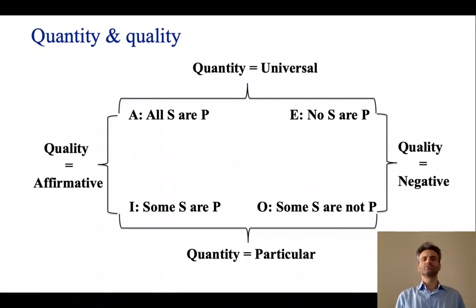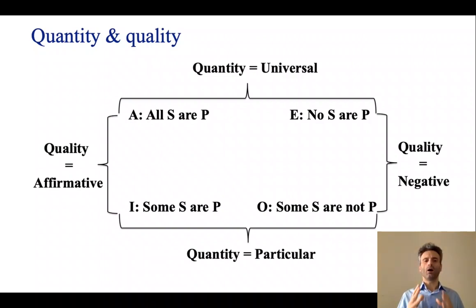Now, these four forms have a quality and a quantity. In logic, we call the quantity of a categorical form what describes how many members are referred to. As you can see, the A form and E form are universal statements.